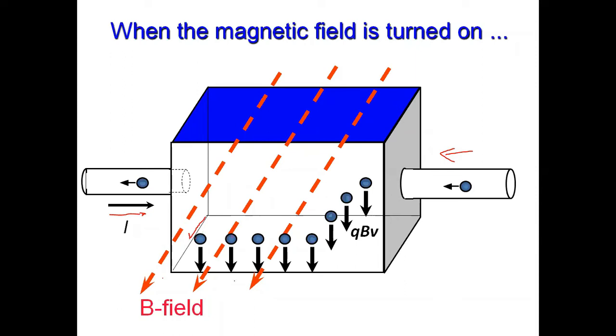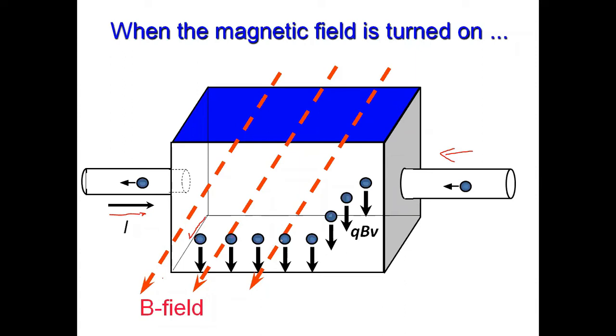Why is it so? Because we know that whenever a moving charge passes through a magnetic field, a force is exerted on that charge, and we have observed that the magnitude of that force is QVB sine theta.